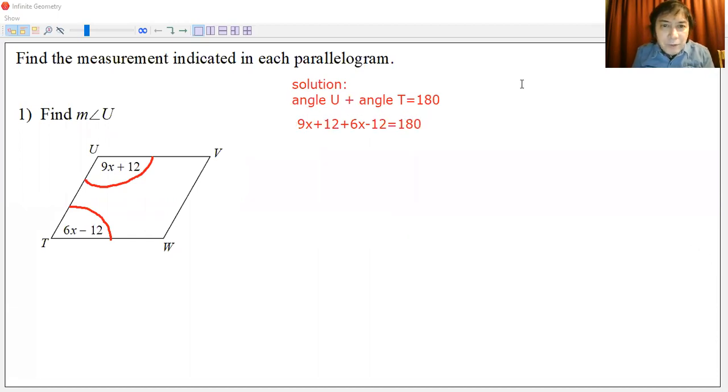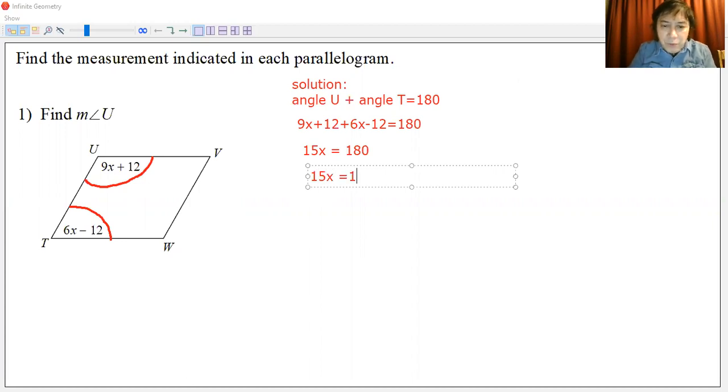Okay, so we're going to solve this. 9x and 6x gives us 15x. And the number 12 positive and the number 12 negative cancel out to 0. So this is just equal to 180.